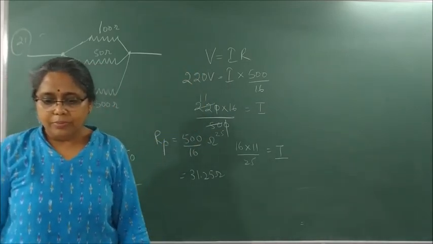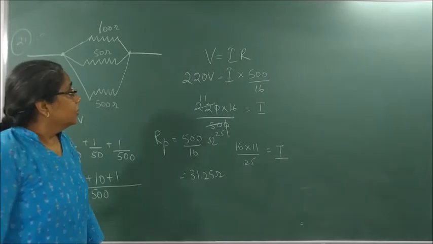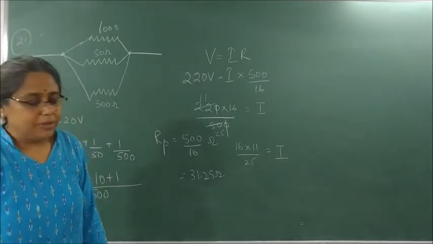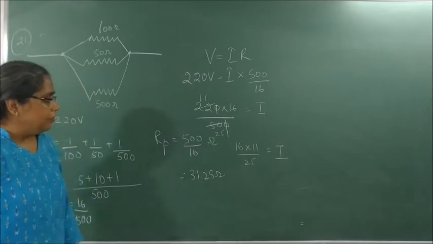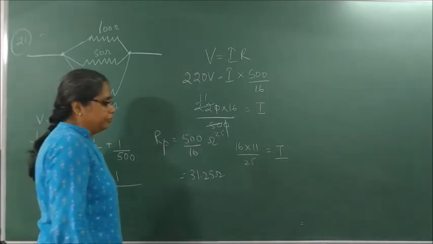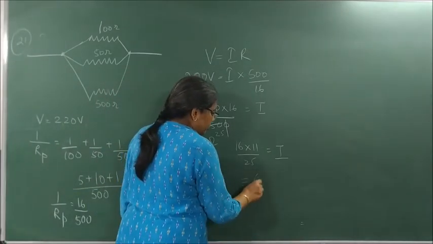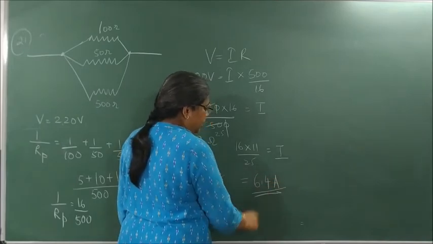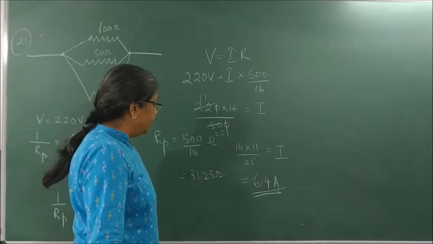Your answer will be how much? I don't know. Just check your answer. It will be somewhere around 6.5 or 6.4. Divide and check your answer. It should come approximately, I don't know, 6.4 may be wrong also.